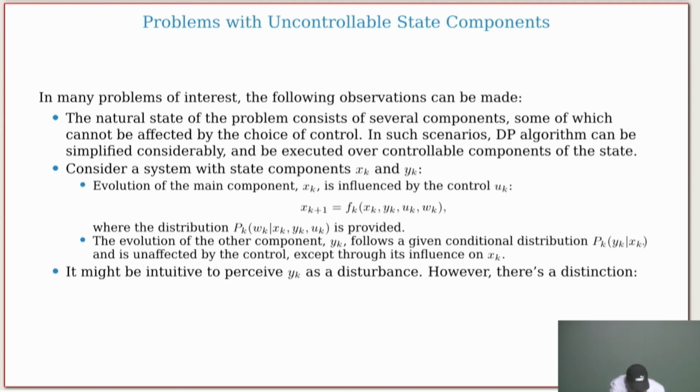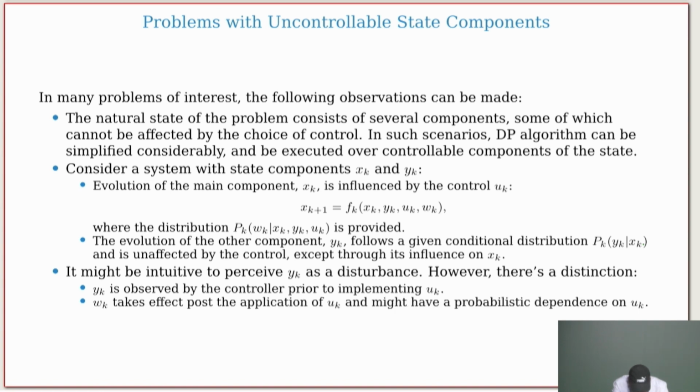In this case, it might be intuitive to perceive yk as a disturbance. So here, yk is observed by the controller prior to implementing uk, so before the control that I'm going to take, I do get a forecast, whereas wk takes effect after the application of uk. So there is a slight variation in the way we see yk, the forecast, and the disturbance wk.